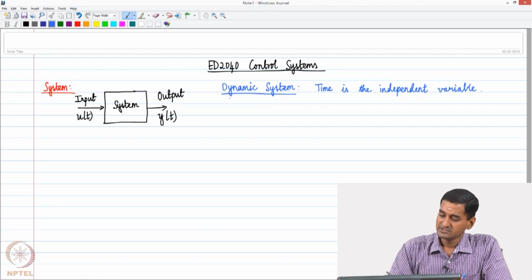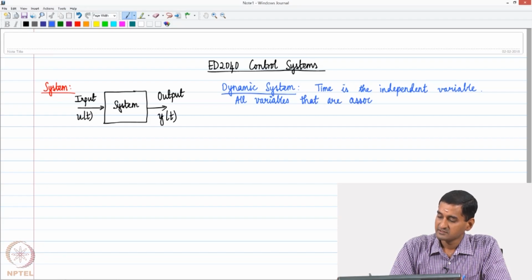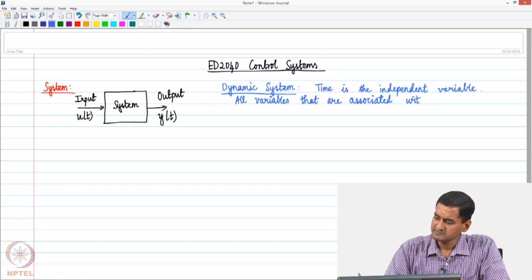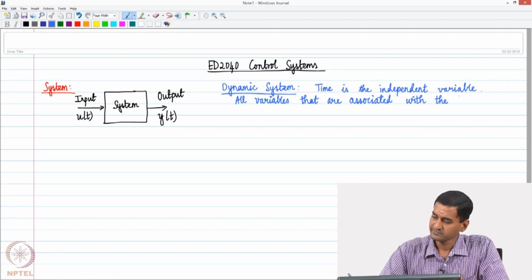and all other variables that are associated with the system are functions of time.